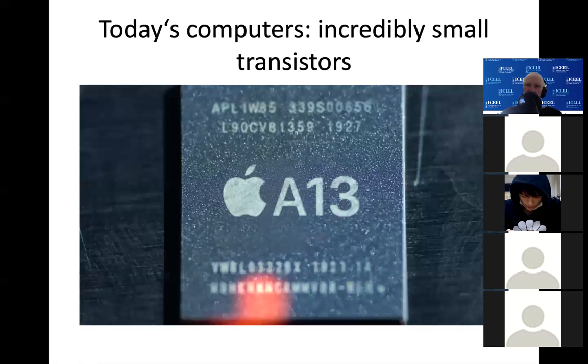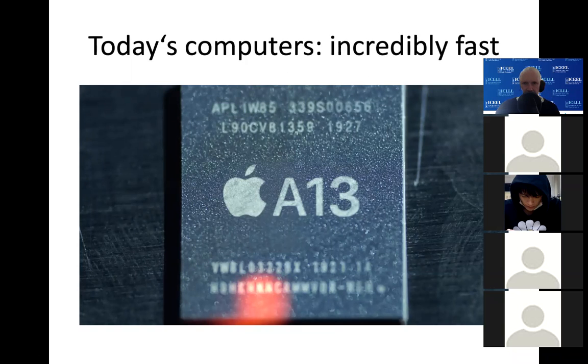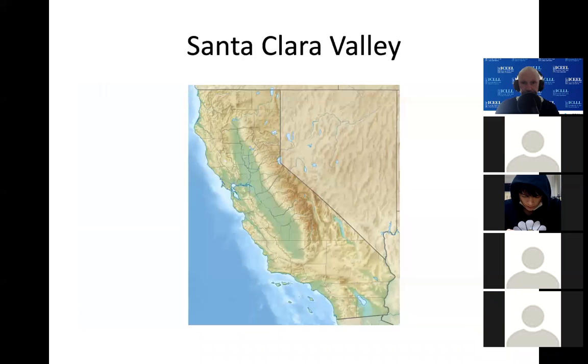And today's computers contain incredibly small transistors. So your smartphone has transistors doing on, off, on, off, incredible numbers of times. It's got loads of these things inside doing it very, very fast. So today's computers are really fast and very small.